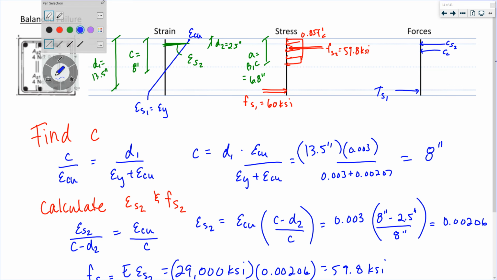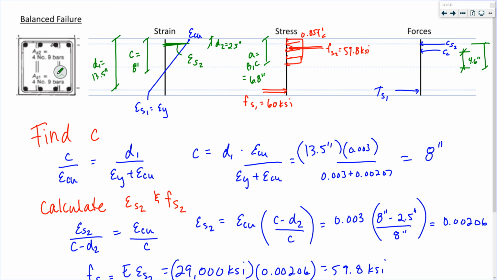Might as well locate them while we're doing this. Let's see, C sub C acts at 8 minus 6.8 over 2, right? 16 divided by 2 minus 6.8 divided by 2 should be 4.6 inches.